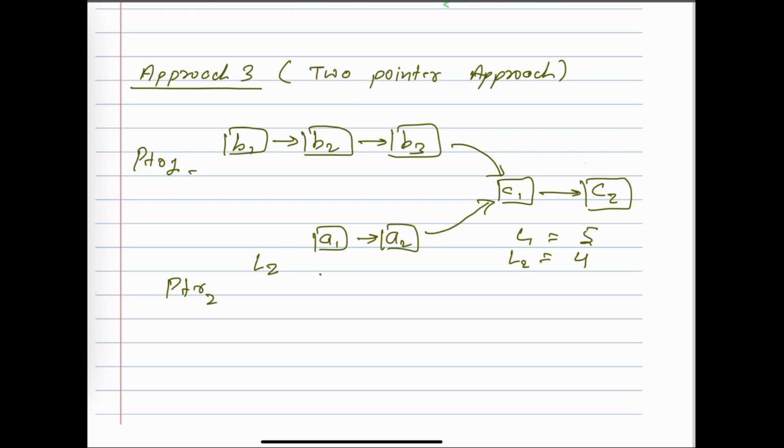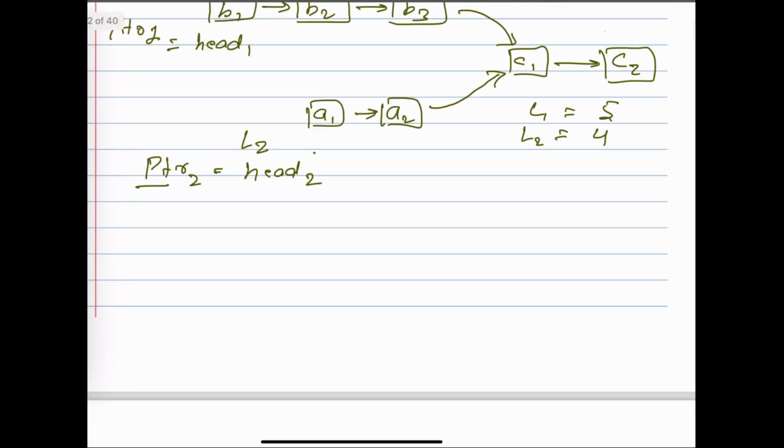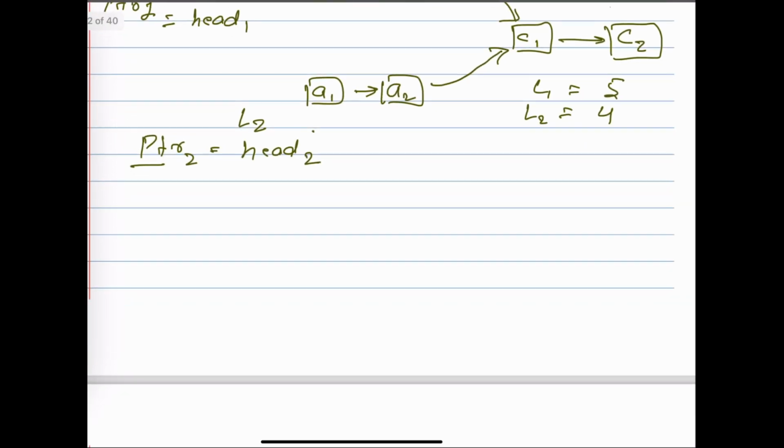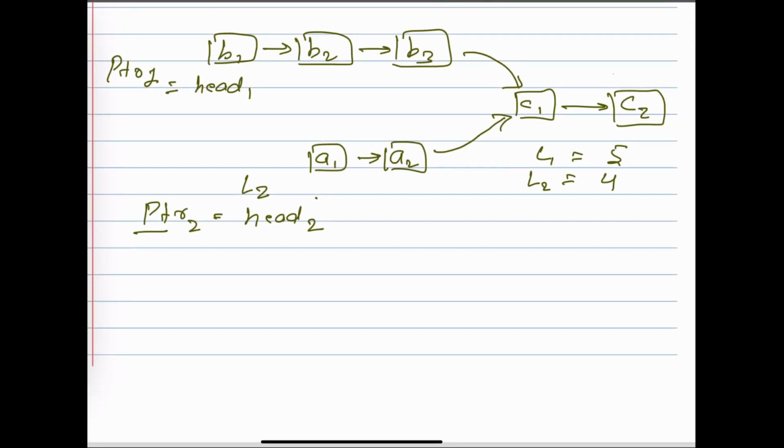My pointer 1 will be pointing to the head of B1, and pointer 2 will be pointing to the head of A1, okay? So pointer 1 and pointer 2 will be pointing to the heads of the two linked lists. After this, we will compare each node simultaneously.